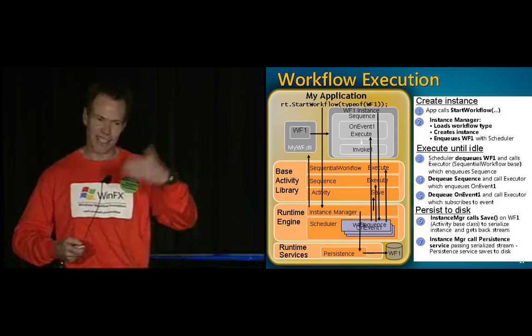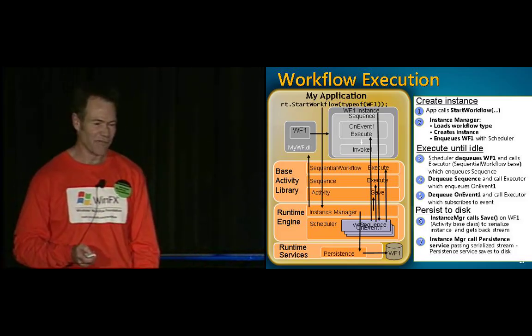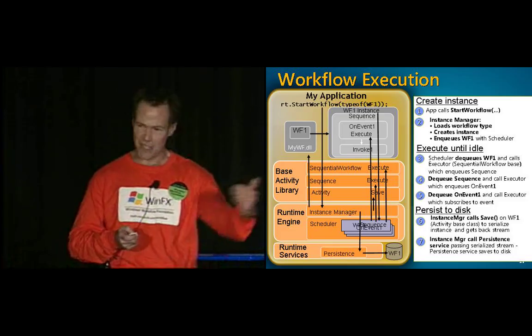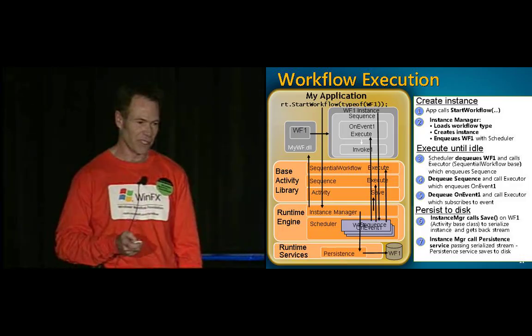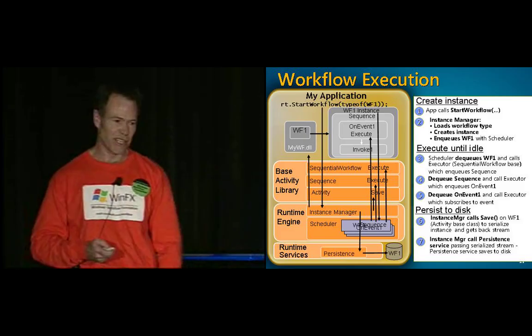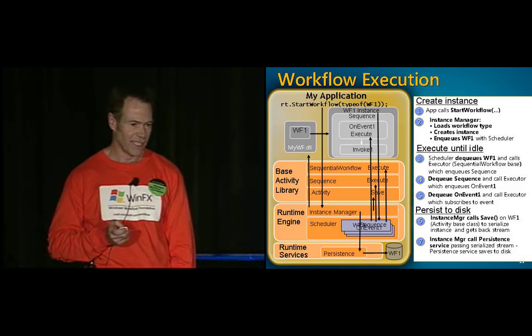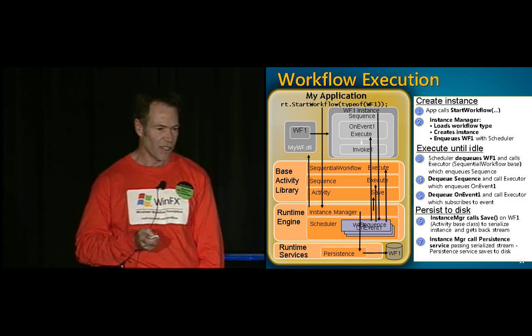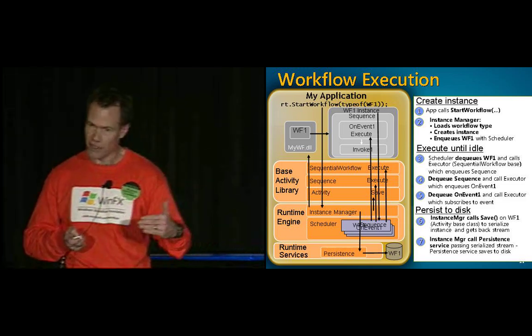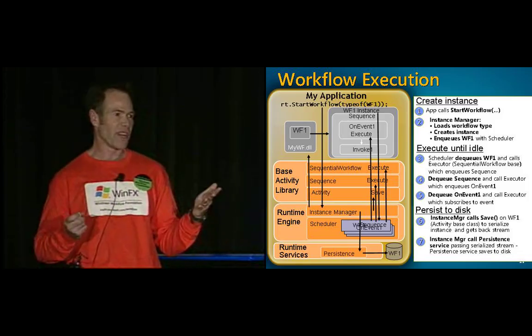And then it starts getting a little bit recursive as we dequeue the sequence and, take a guess, what the sequence executor does. Again, this is something that's provided in our base activity library. It's going to enqueue the first actual activity in the sequence. So now we have event 1 in the scheduler's queue. And when we execute that, that activity is going to end up subscribing to an event that it's waiting for.